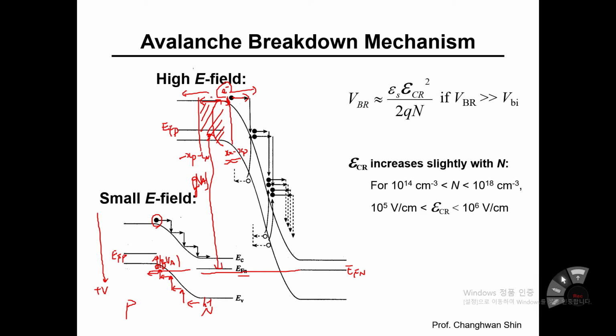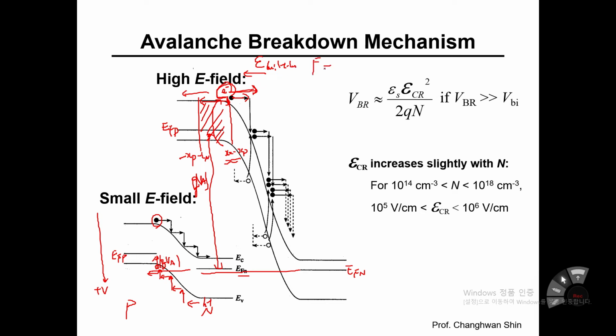Then thermally generated electrons would diffuse to the left-hand side or right-hand side. This thermally generated electron would move toward the depletion layer, then it would be exposed and drifted or accelerated because of the electrostatic force coming from the built-in electric field in the depletion layer.